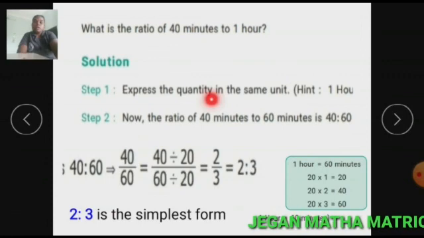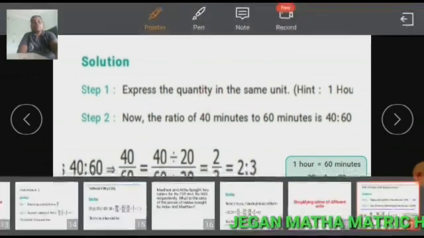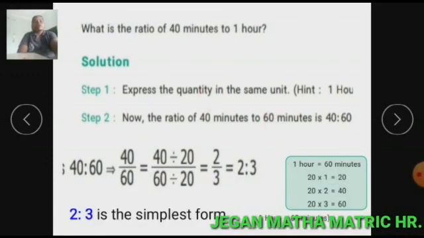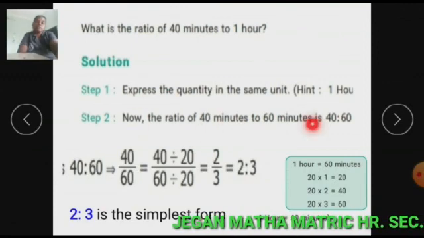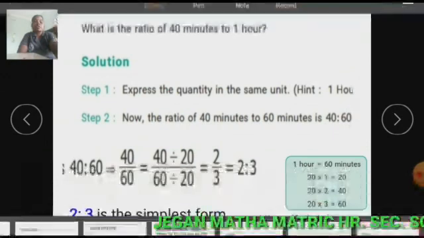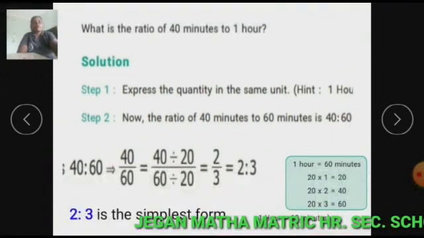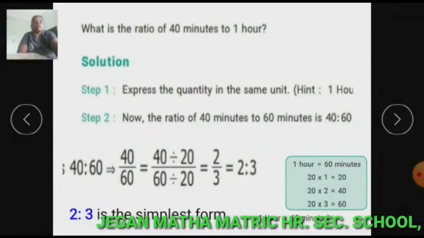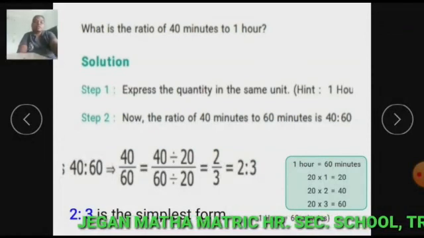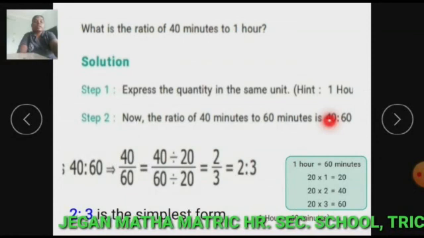Express the quantity in the same unit. Step 2. Now the ratio of 40 minutes to 60 minutes is 40 is to 60.